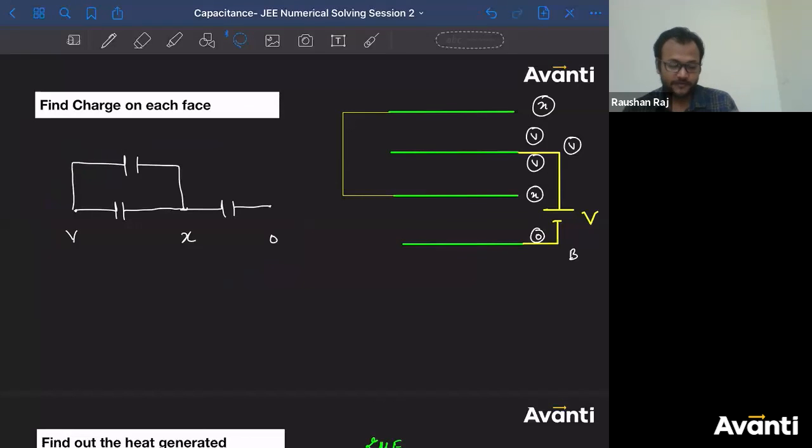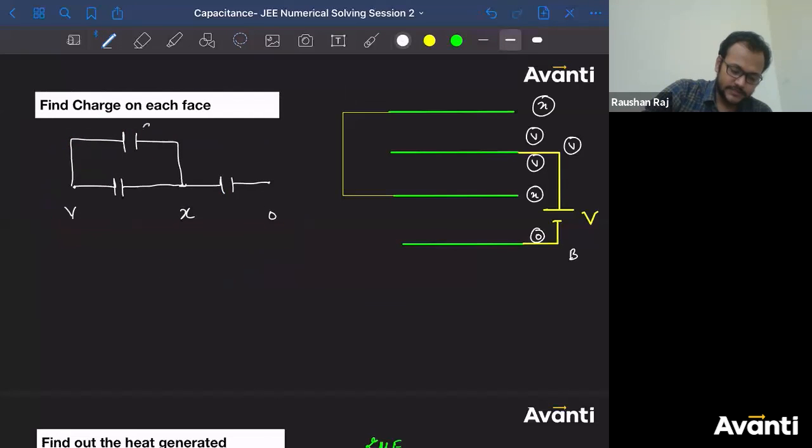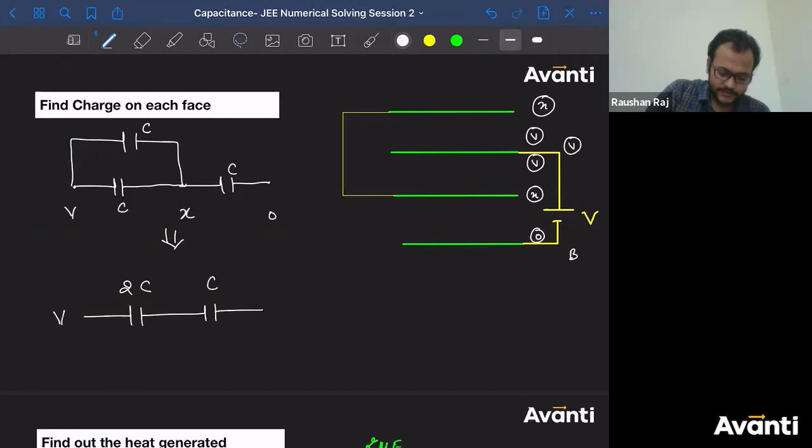Just if you remember that particular thing, what the potential difference will be across the series. So what is the value of V1 and V2? अगर आपको वो चीज याद है तो समझ में आ जाएगा. So this is C, this is C, this is C. I can simplify this like this: 2C and C. So this is V, this is 0, this is X. So tell me, what is the potential difference across this?